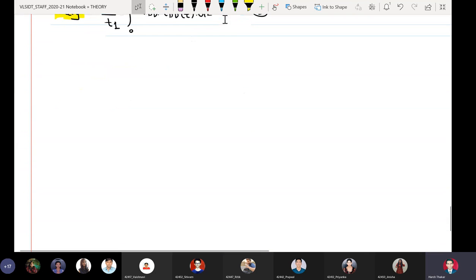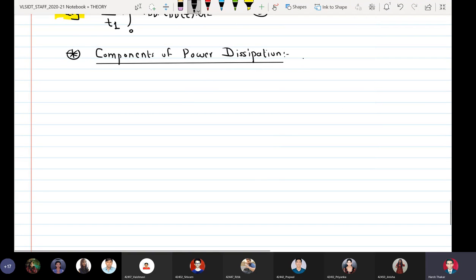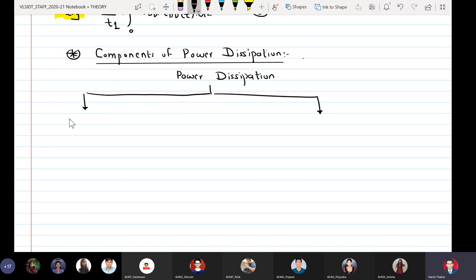Now, the next part is, what are the different components of power dissipation? This is again a very favorite viva question. Power dissipation basically has two components: one is static and one is dynamic.